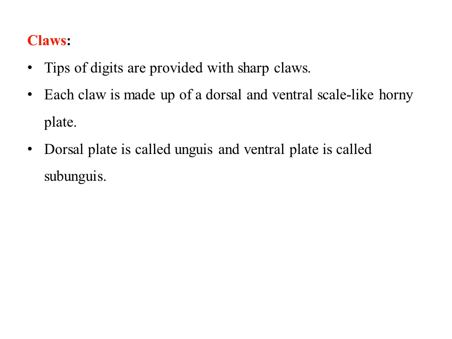The ventral plate is flattened. Both these plates are derived from the Malpighian layer and are placed in such a way that their coverage forms a sharp claw. The cellular structure of the skin is similar to that of Uromastyx. So the claws are present in the digits of the Calotes.